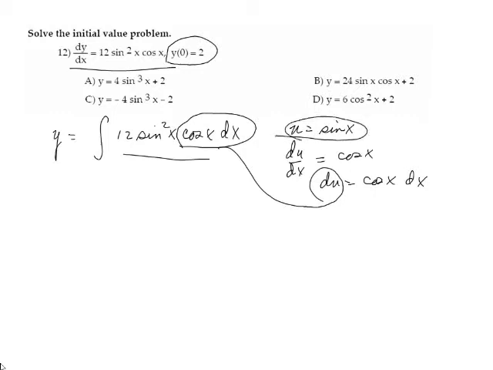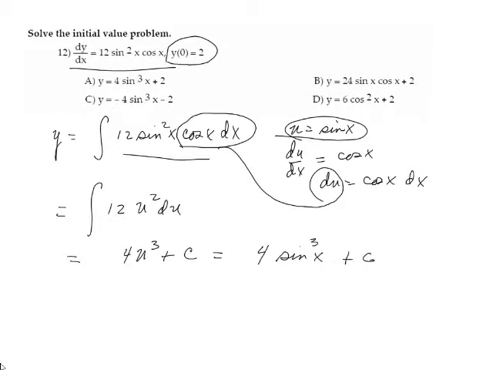And u is equal to sine x, so the integral becomes 12 u squared du, which is equal to 4 u cubed plus a constant, which is equal to 4 sine cube of x plus a constant.